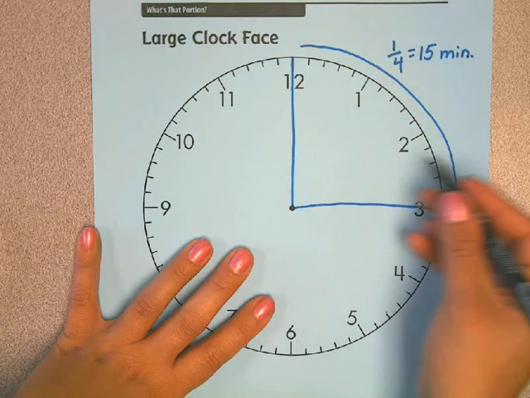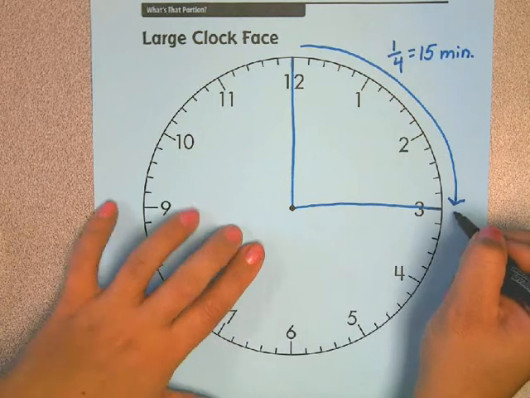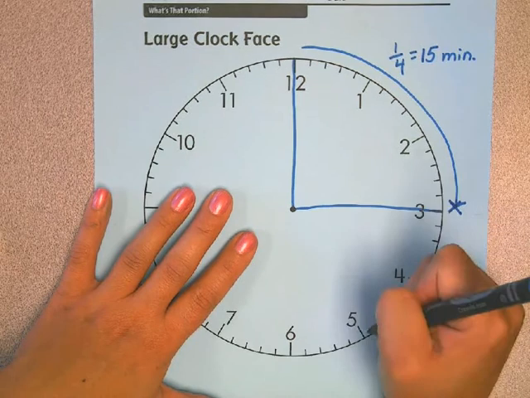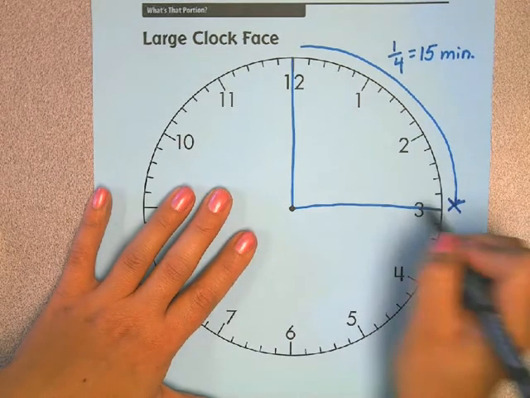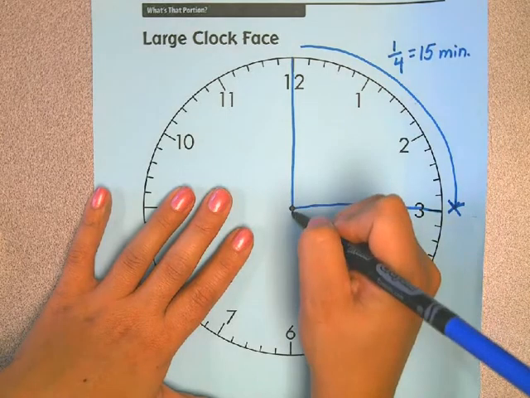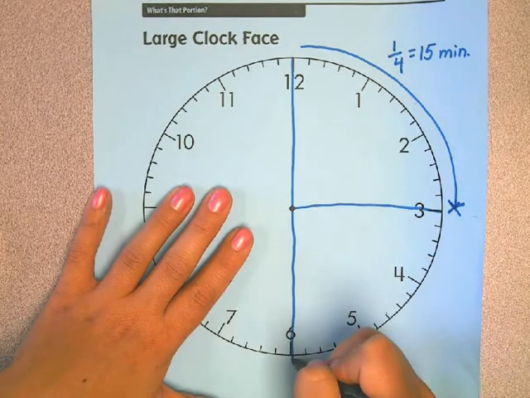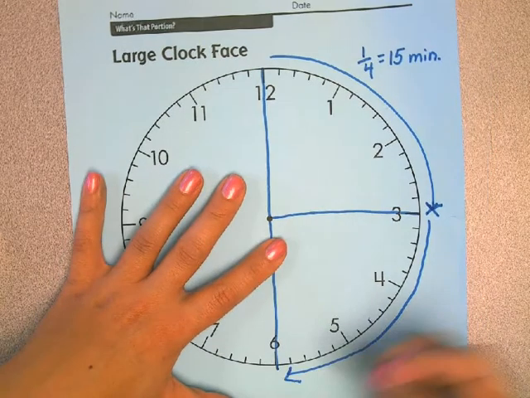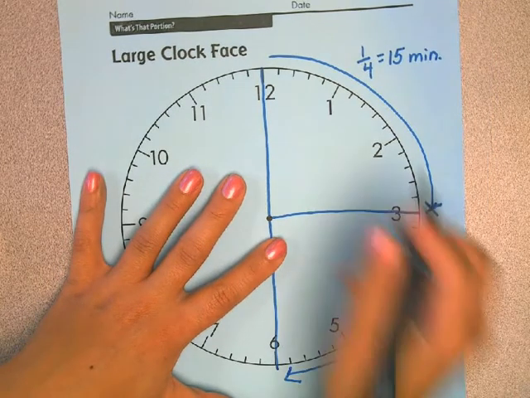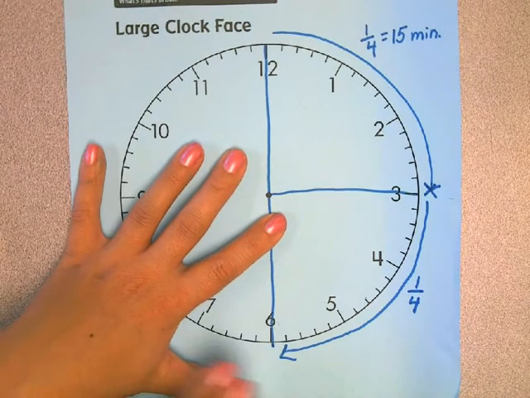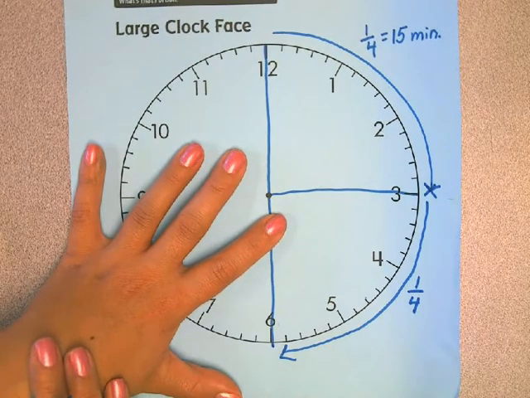Okay. Well then, if I want to add another 4th, okay, so if this hand moves, it would go to the 6. So I'm adding another 4th. Now what fraction of my clock have I traveled?